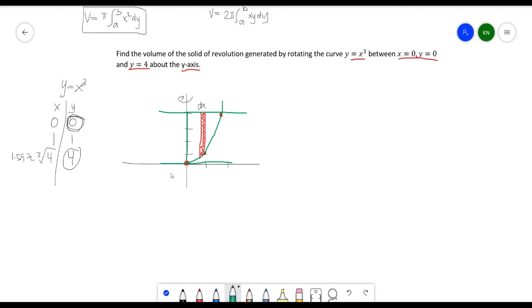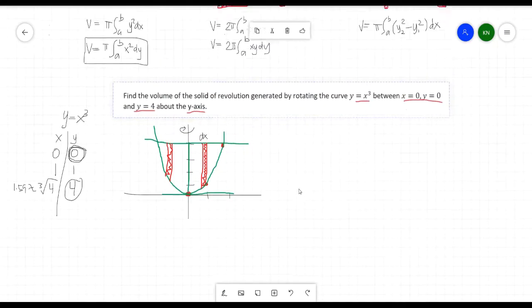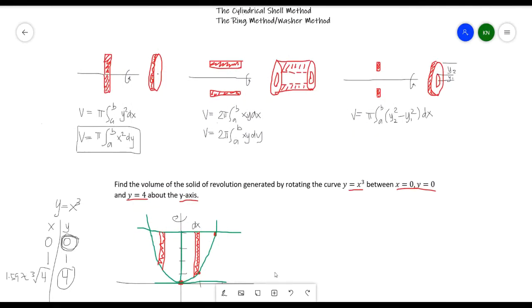Now again, if we rotate our area around the y-axis, we now have this form of the solid. Since our strip is vertical and we already rotated it, we also have a strip around this area, and that gives us the form of a cylindrical shell, just like this one.